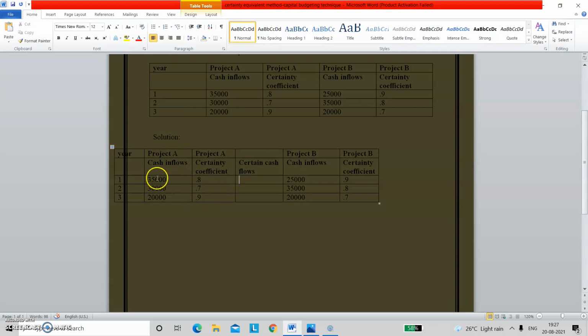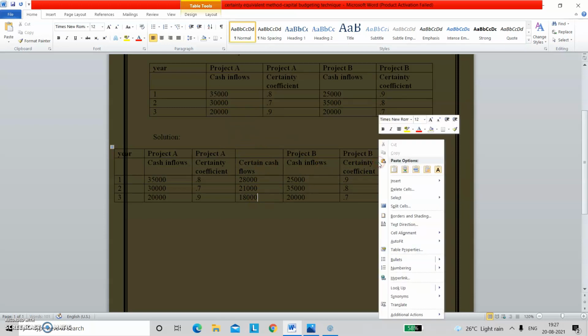So 35,000 multiplied by 0.8 gives 28,000. 30,000 multiplied by 0.7 is 21,000, and 0.9 multiplied by 20,000 is 18,000. These are the certain cash flows. Out of 35,000, 80% is sure, so 28,000 is the amount the company will certainly get as return in the first year.